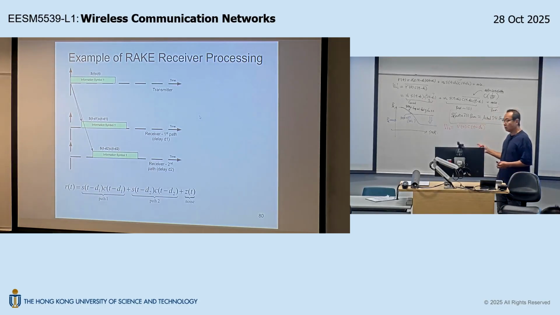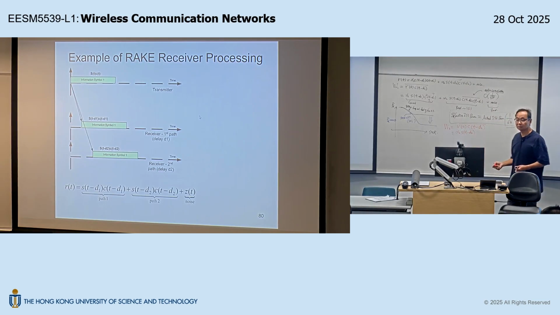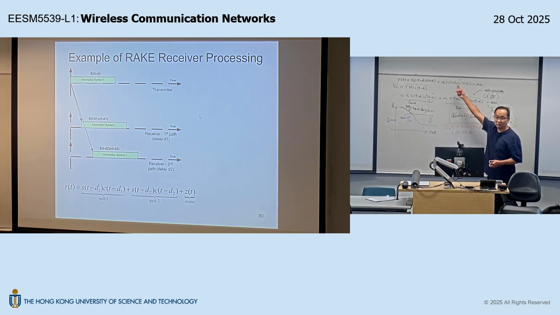Now, if you do it this way, again, you will be split into 3 terms. The good term now becomes coming from the second path, would be alpha 2 S(t - D2). This will be the good term, right? Coming from the second path. And then the ISI term will be coming from the first path.